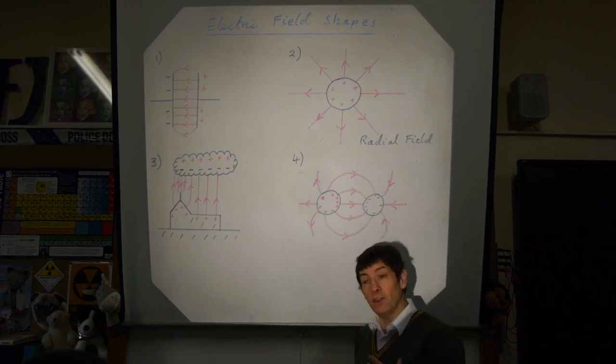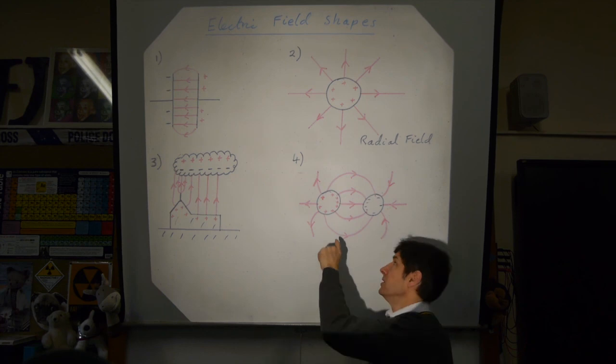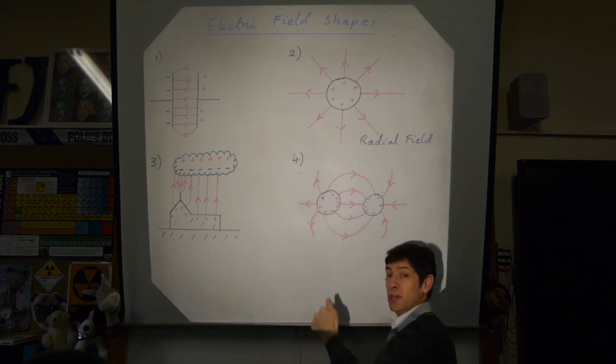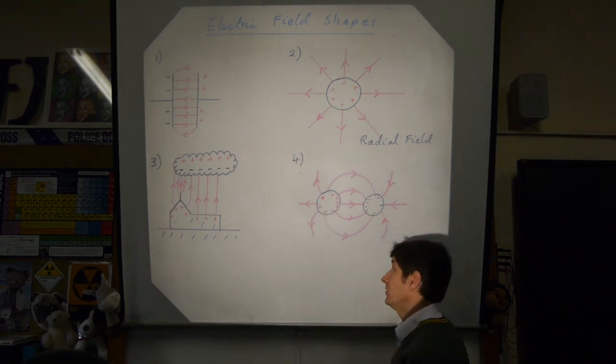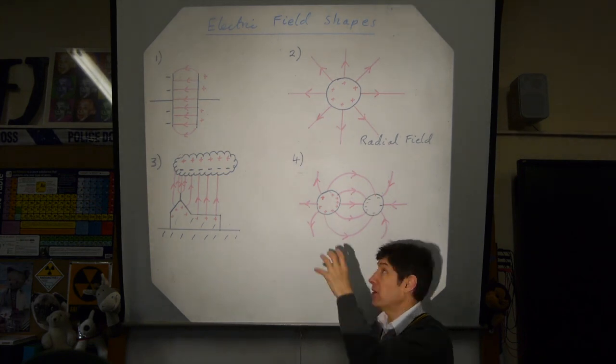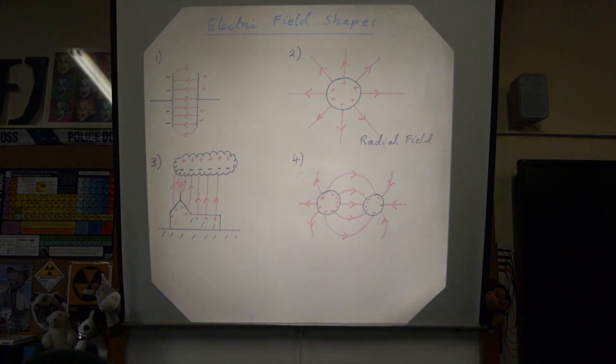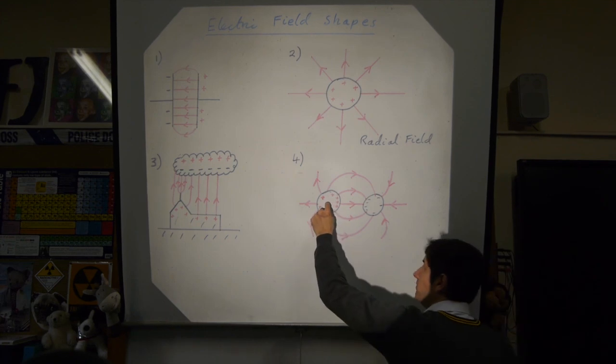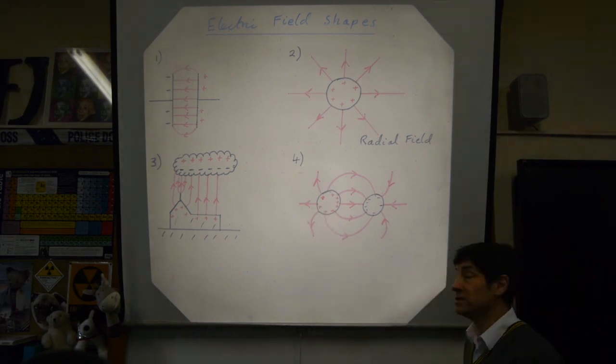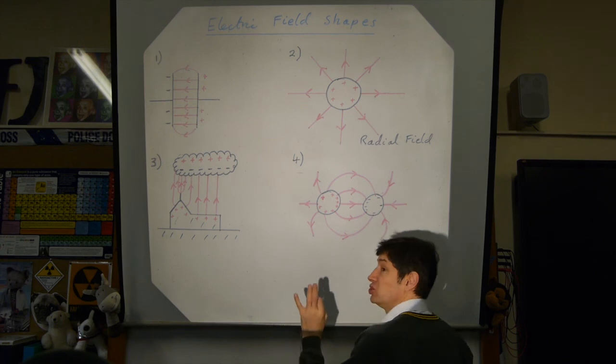Okay, and the final thing with this one is these charged metal spheres, hollow metal spheres. What we're going to do later on is we're going to back off and back off and back off from them. And if we back off a very long way, they're going to appear just like dots in the distance. So later on, we can assume that these are point charges.